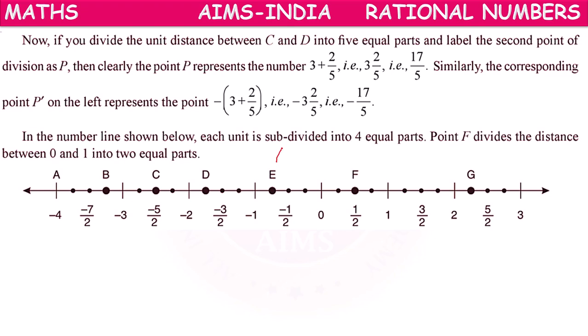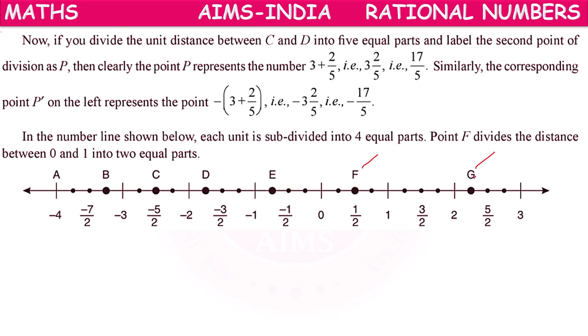Next, what is E? From 0, 1, 2, third part, means 3 by 4. No one complete part is not completed. Before one complete part only it is there. So minus of 3 by 4. So F they have mentioned.